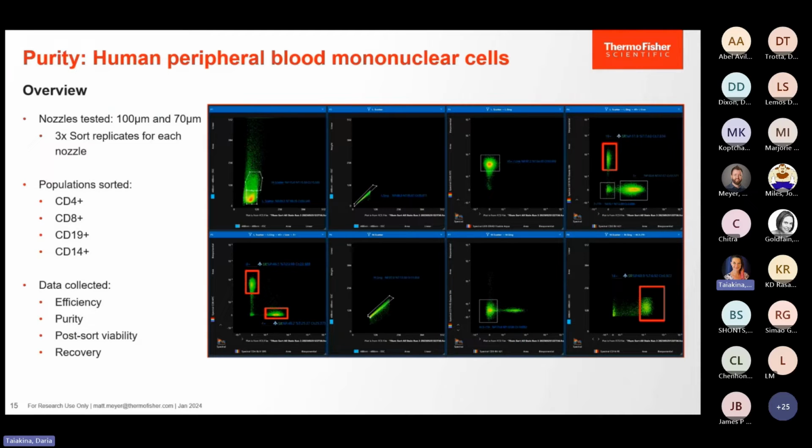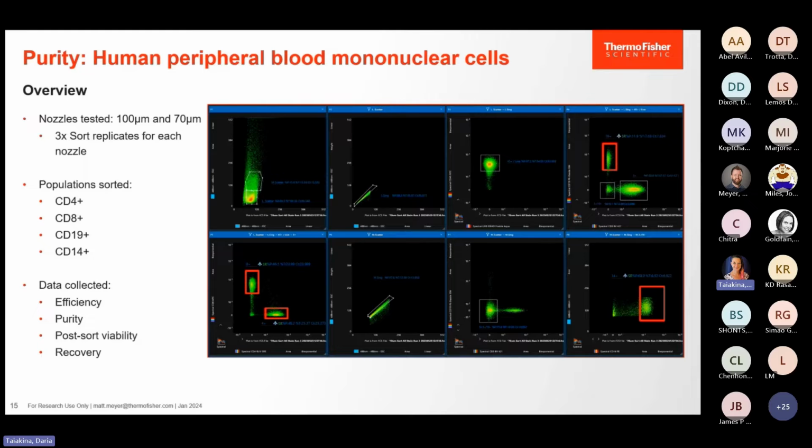We'll sort, say, 100,000 or even more, 500,000, even a million, and then we'll wash the sample line. Carryover, we test on Bigfoot, and a standard wash typically gets you to a very acceptable criteria, but you always want to wash your sample path in between sorting your sample and then reanalyzing, because if you have a small amount of carryover, that could be the difference between 99.2 and 99.7.